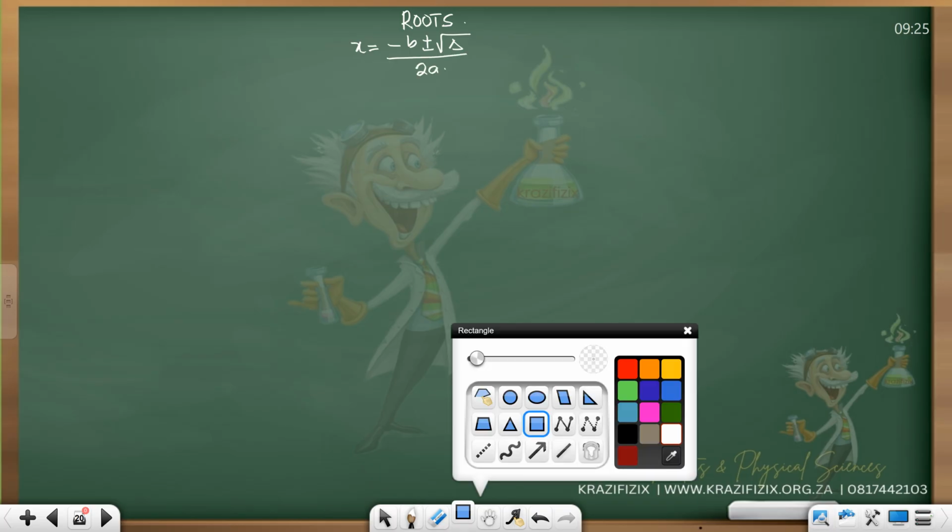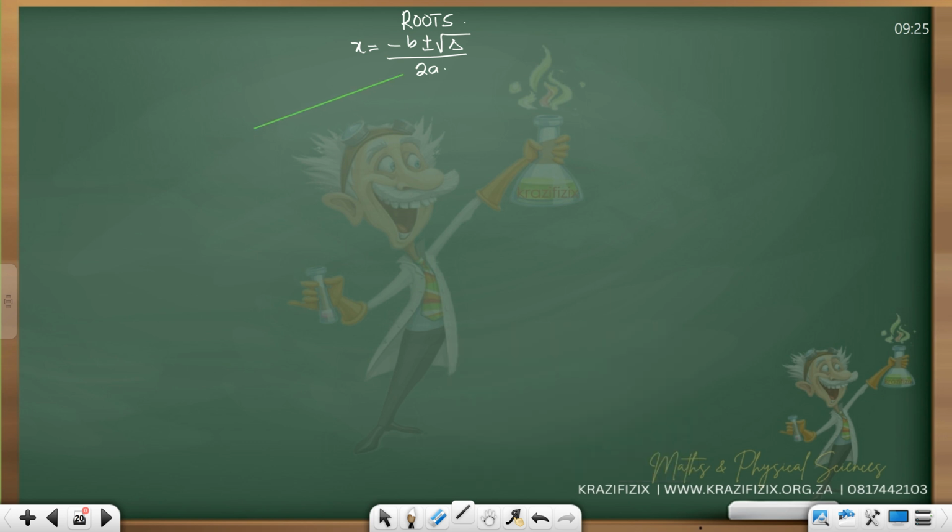Now, we said roots can either be real or non-real. And what is the condition for them to be real? The discriminant must be greater than or equal to 0.